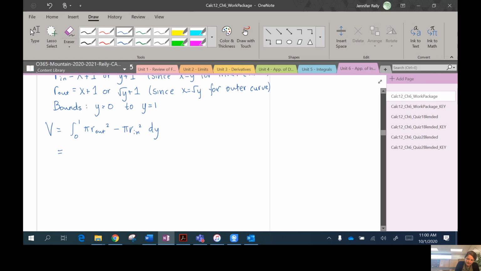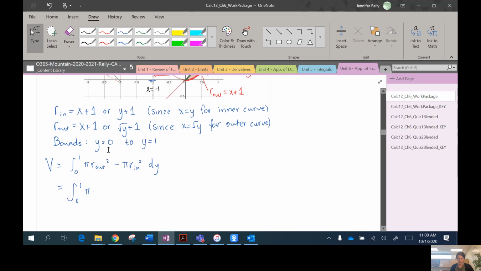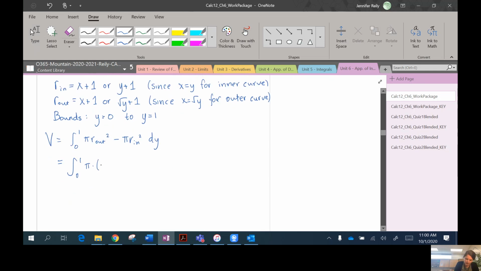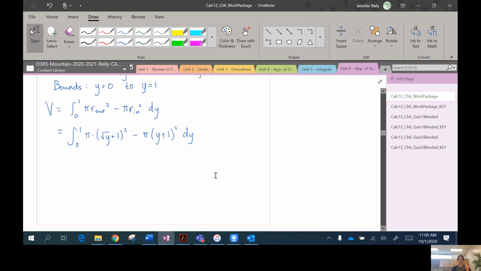And so we get 0 to 1 pi times the outer one, root y plus 1 squared, minus pi times y plus 1 squared dy. We can pull out the pi because it's just a constant multiple in both terms, and also we need to expand those brackets in order to do the antiderivative.